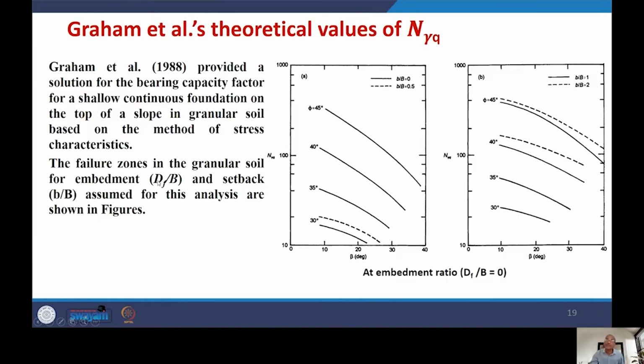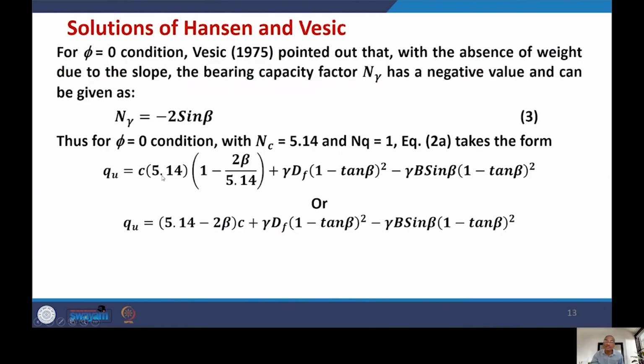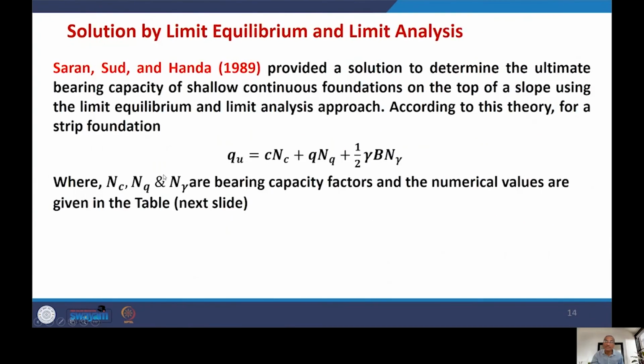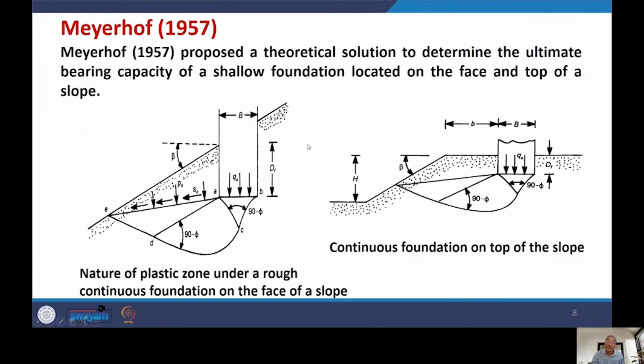Let's see further. Let's go through this figure, where the setback distance has been defined in the first figure. You could see in this first figure that b divided by B gives the ratio, and this ratio also increases when you increase the setback distance.